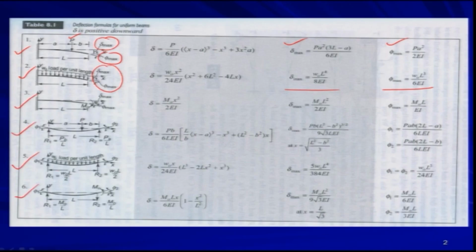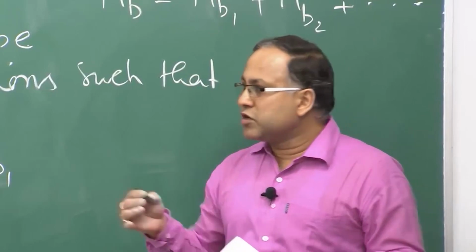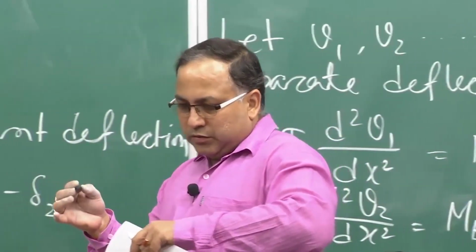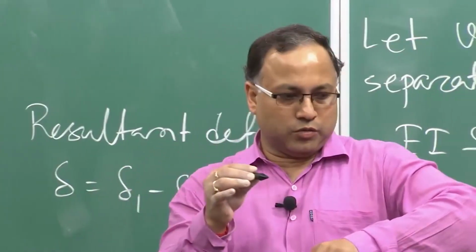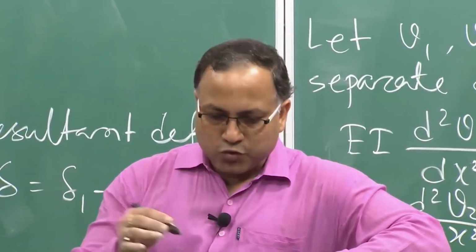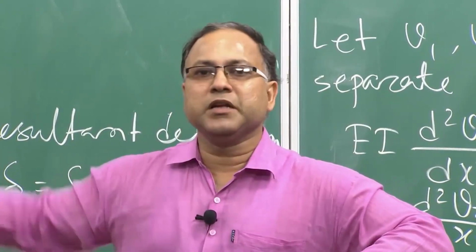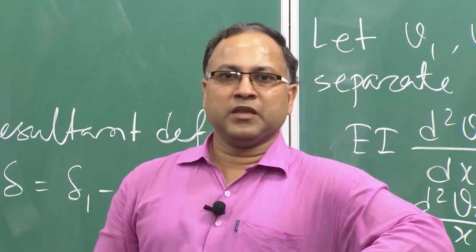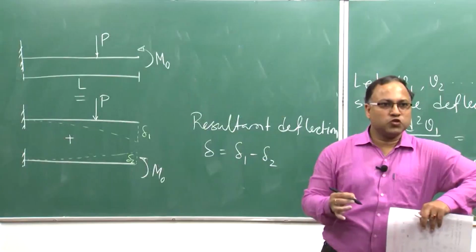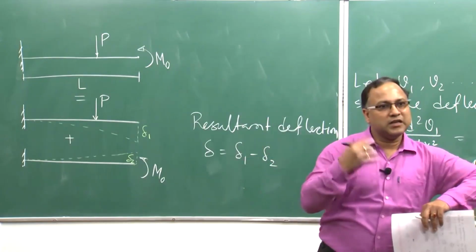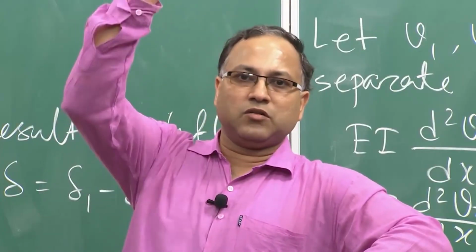All these systems, if you consider the basic systems, and if you try to separate your original complicated system into different basic systems, and then obtain the magnitude of the deflection or the slope, finally you will get the resultant for the original complicated system.